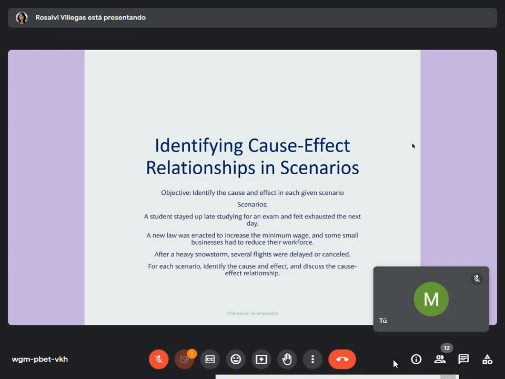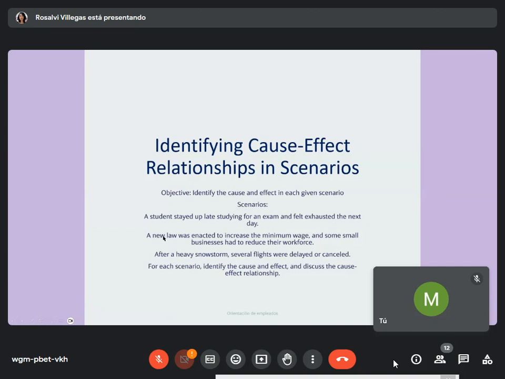And what will be the cause of this? Why would he feel exhausted the next day? Oh, because he didn't sleep. Exactly, because of staying up late studying. So here we have a direct cause and a consequence, or an effect. The student stayed up late studying for a test, and the next day he felt exhausted.